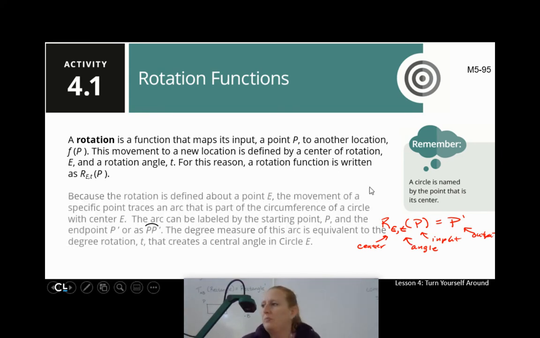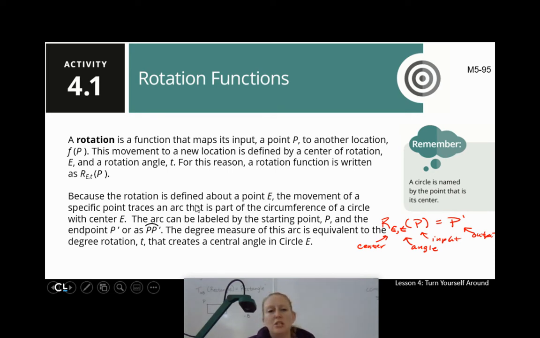Because the rotation is defined about a point, in this case E, the movement of a specific point traces an arc that's part of the circumference of that circle with a center of E. It's literally an arc, chasing the point around the circle. The arc can be labeled by the starting point P with an end point of P prime, and instead of a line segment on top, we put a little baby arc on top.